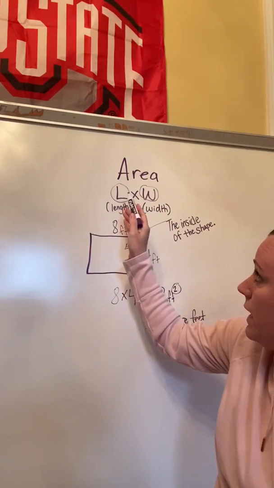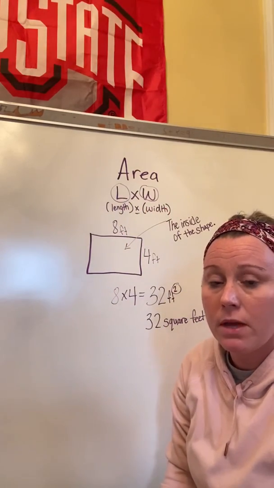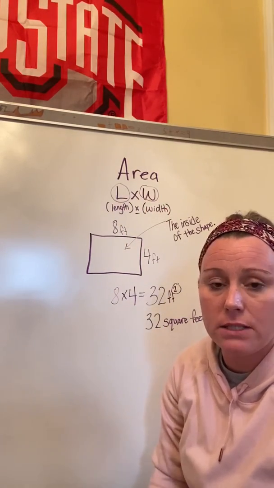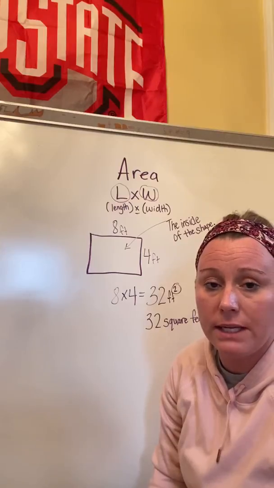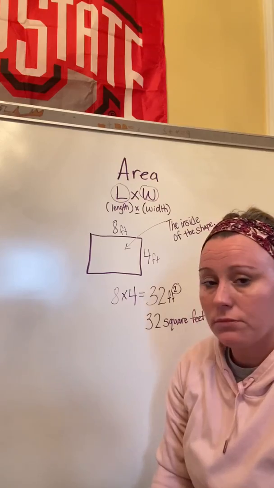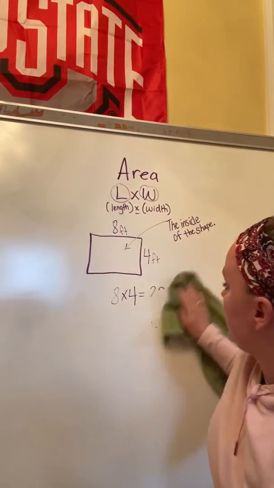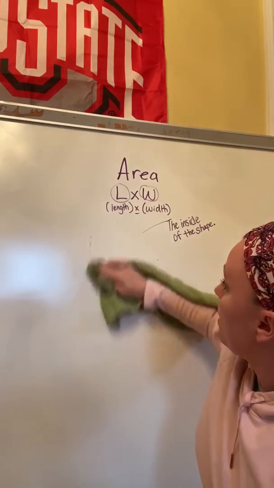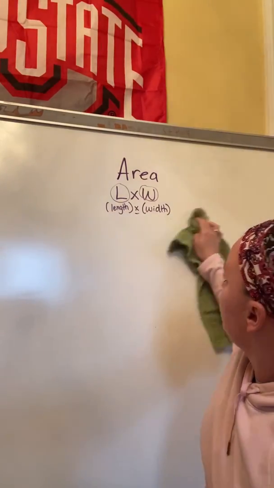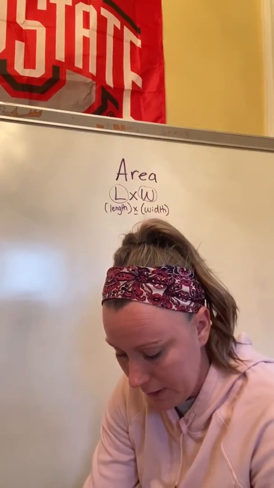The formula for area is length times width, okay? I just wanted to give you guys a little bit of a review when you're finding the area of the shape, and I'm going to go over another word problem that you guys may see if you are given an area question. I'm going to read it from the book that I have here.